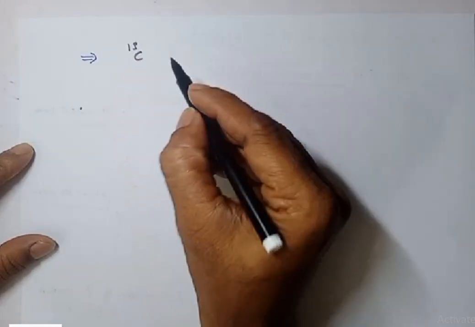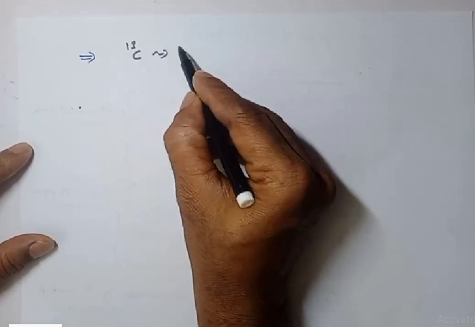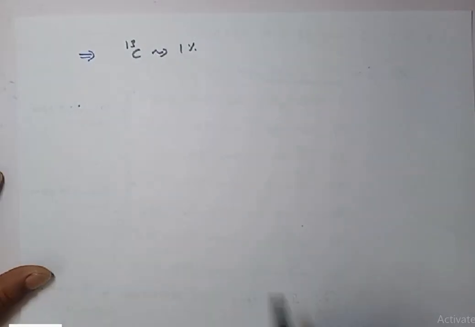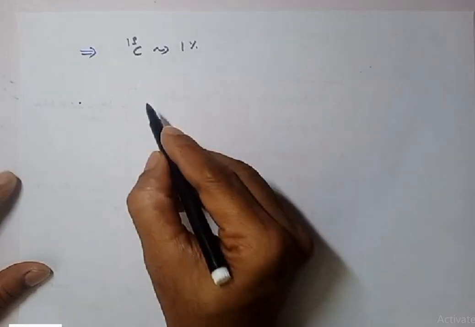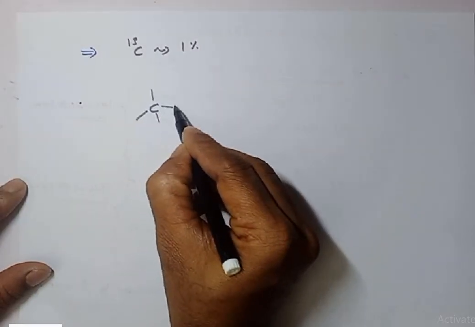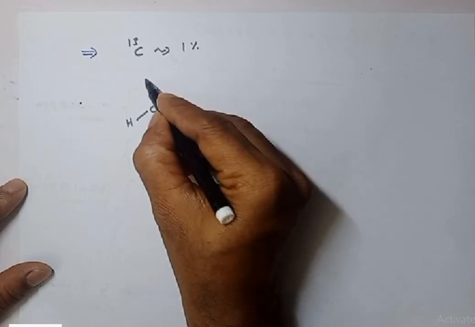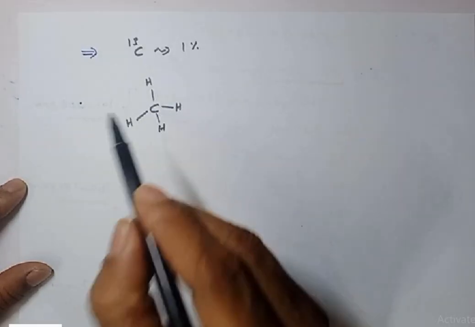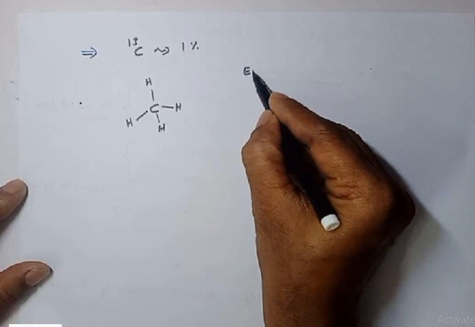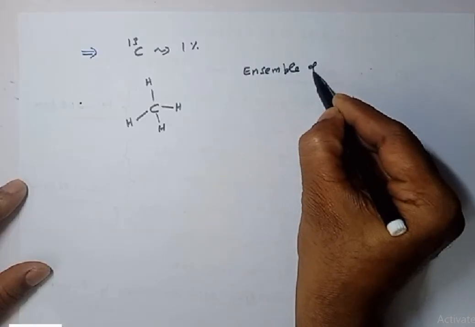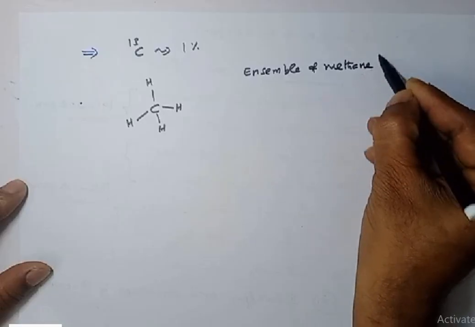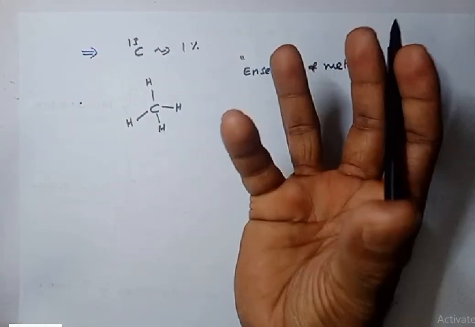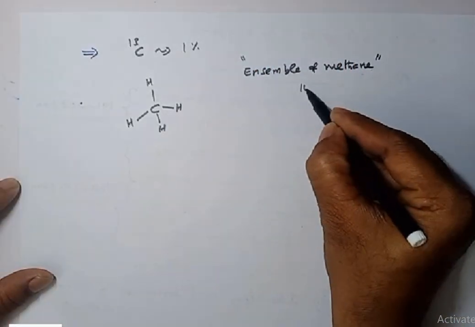Listen, I have told you the natural abundance of C13 is 1.1. Let me take roughly 1%. What does this indicate? Suppose we have a molecule, say methane. If I take an ensemble of methane, meaning some collection of methane molecules, say 100 molecules.